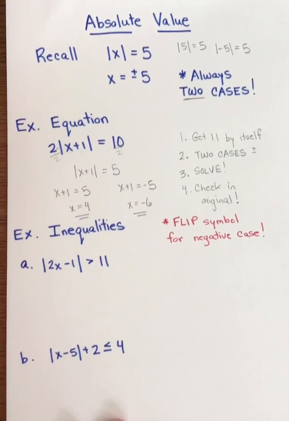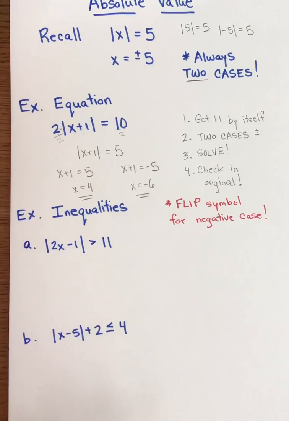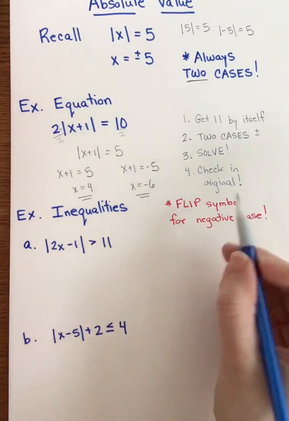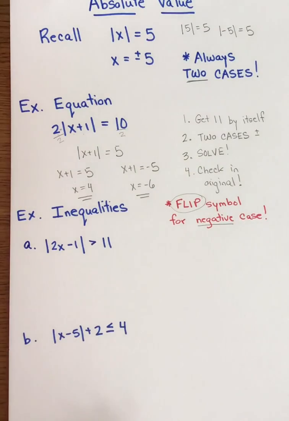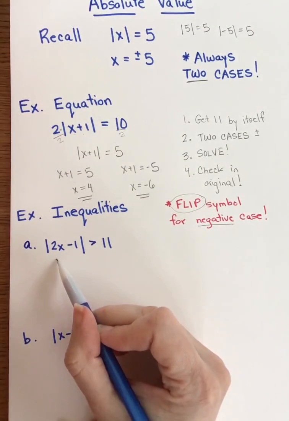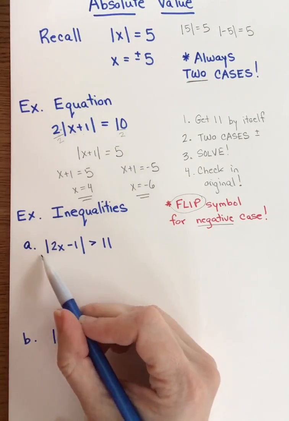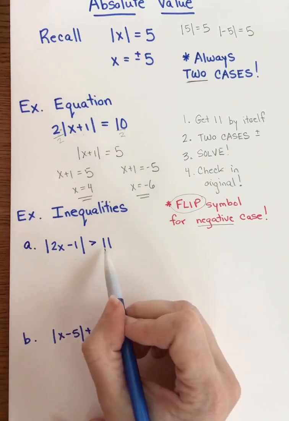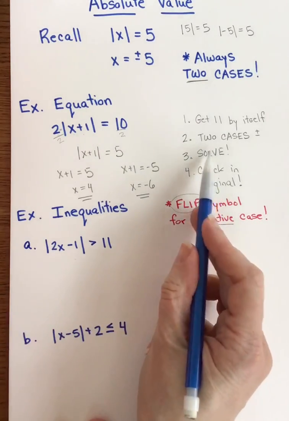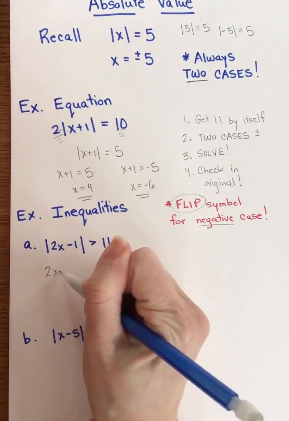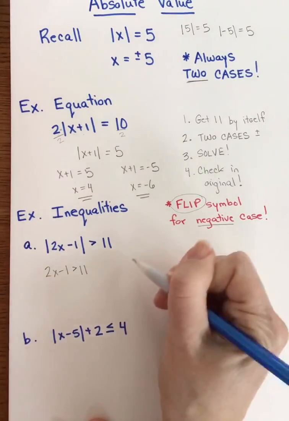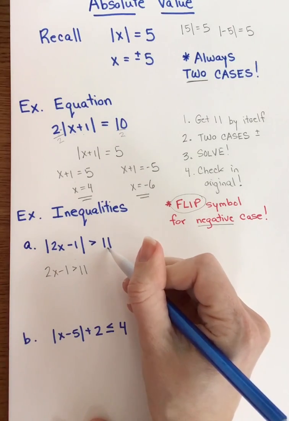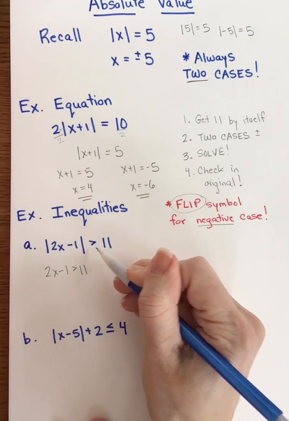I can also use this plan with inequalities, but I've got to be even more careful. You might recall from inequalities that anytime there's a negative case, we need to flip our symbol, flip it good. For letter A, I've already gotten rid of the things on the outside of the absolute value, so it's time to set up our two cases. 2x minus 1 might be greater than 11, but now when I change this to a negative 11, I also need to flip my symbol.